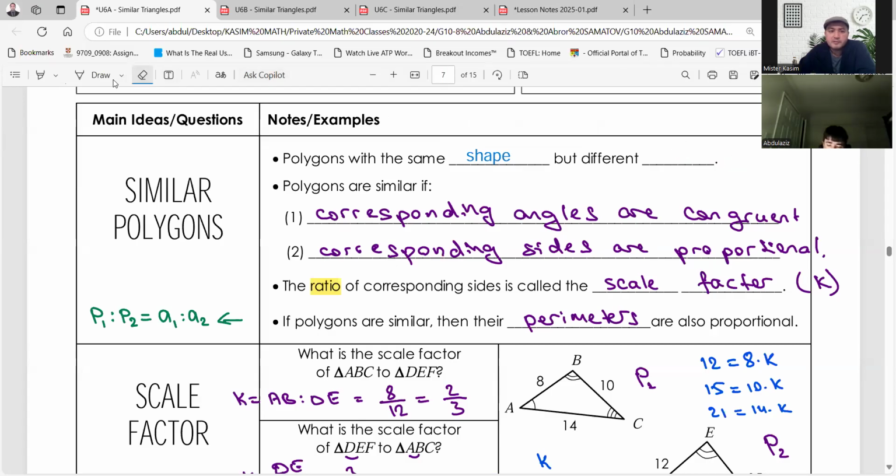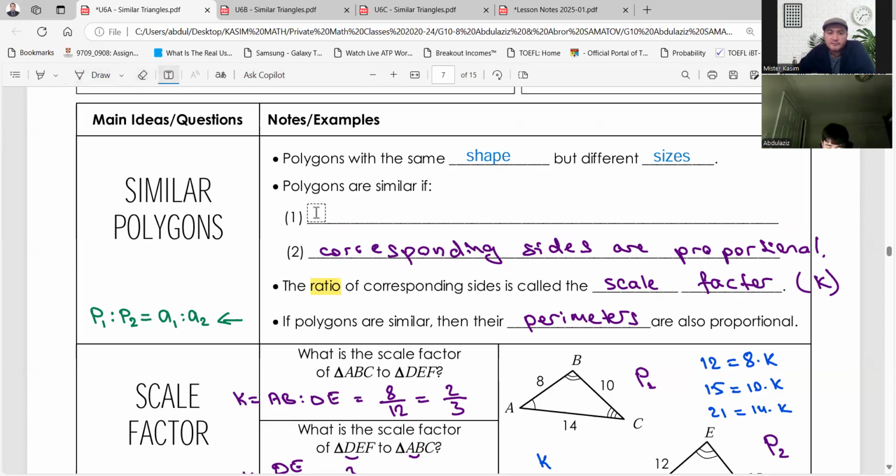Just write like this. Okay, polygons with the same shape but different sizes are called similar polygons. So polygons are similar if their corresponding angles are congruent. I can rewrite this.